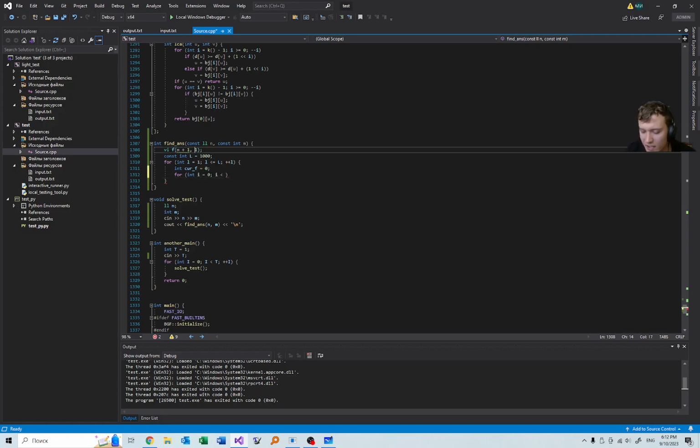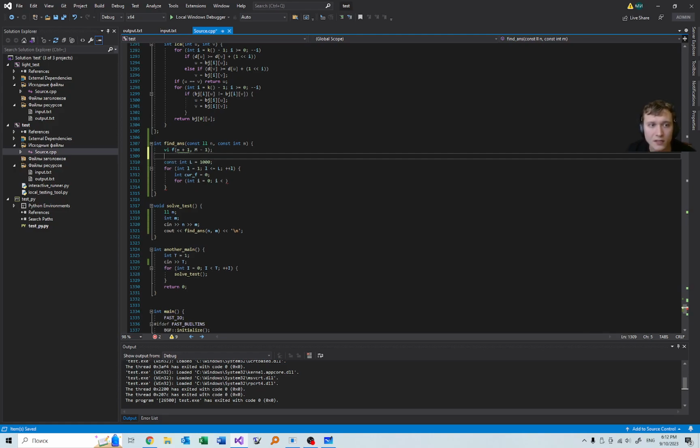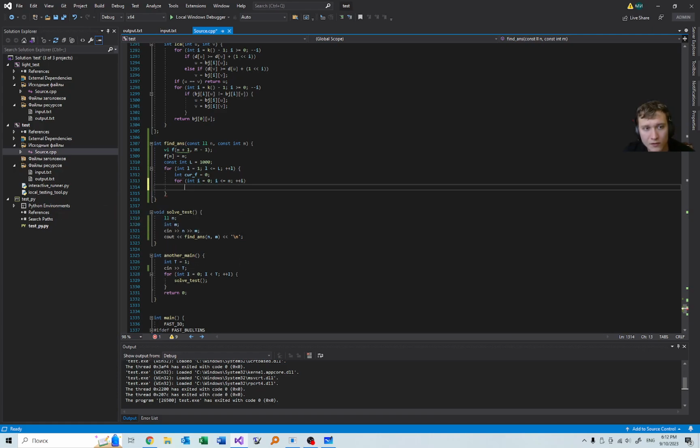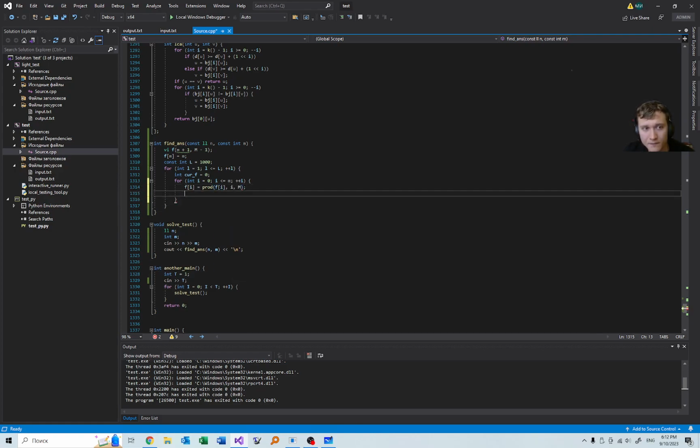So let's make it M minus 1 here, but also FM equals M. So first of all, for each I, fi equals the product of fi and I modulo m, and current f equals the sum of current f and fi. Great.